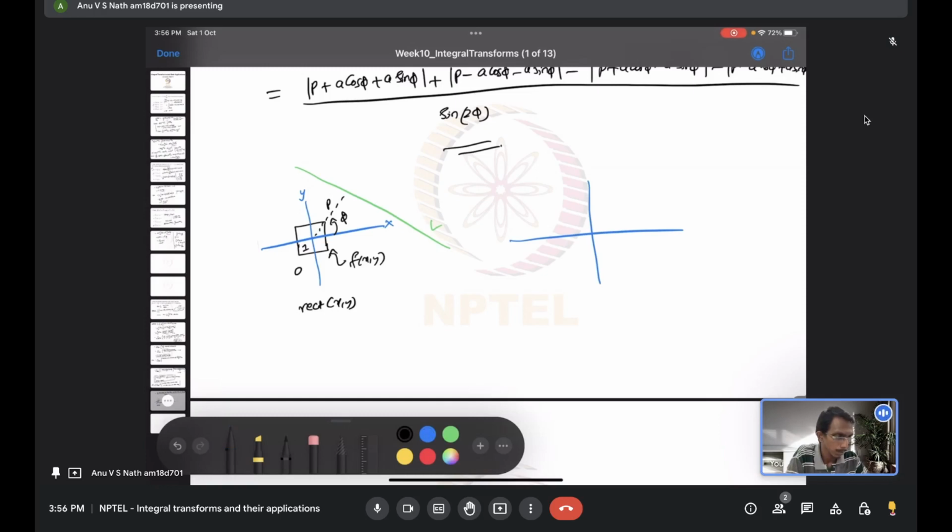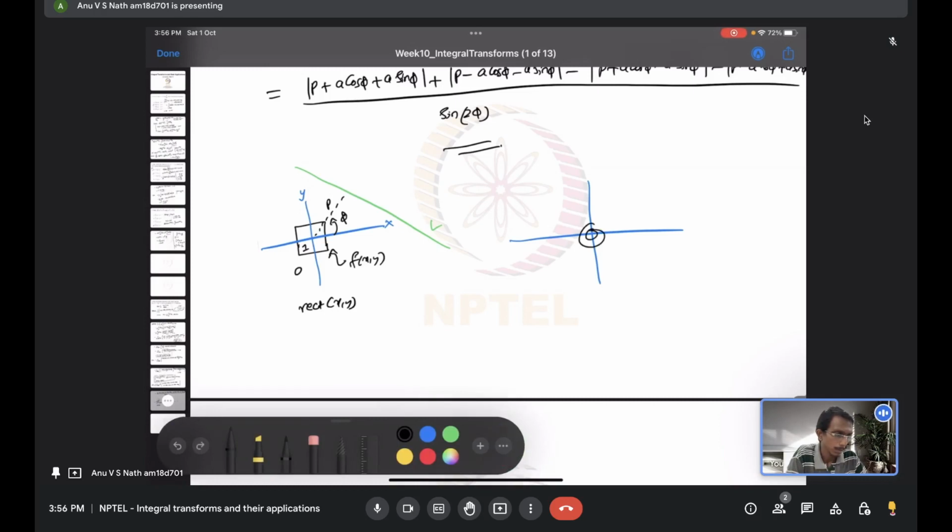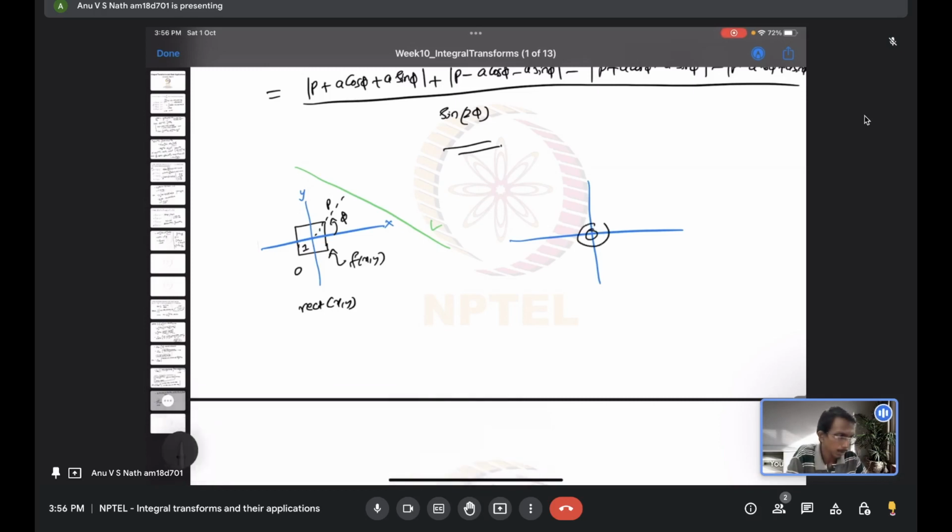The Gaussian function is symmetric about the center, like circles, but its intensity decreases outside. So decreasing intensity: exponential of minus x square plus y square. This is the Gaussian in 2D.